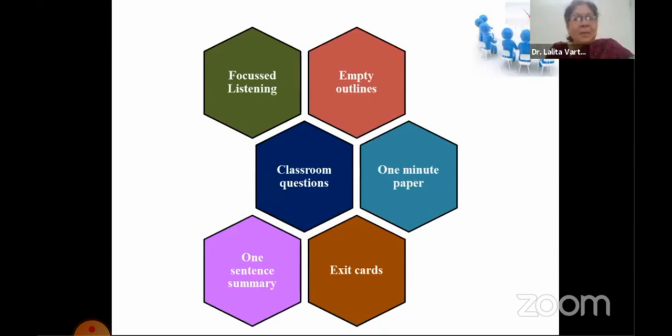One sentence summary is an effective tool for taking your students right up to the creativity level. They have to write down the summary of the entire session in just 1 sentence.